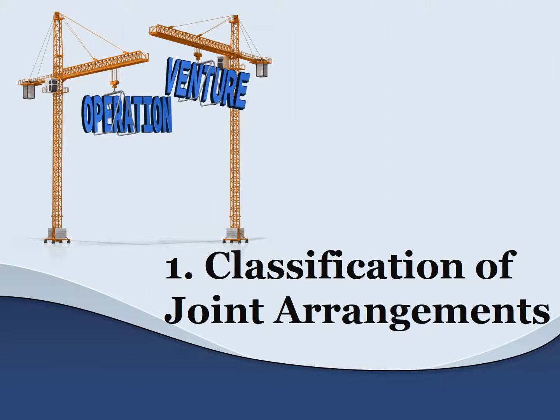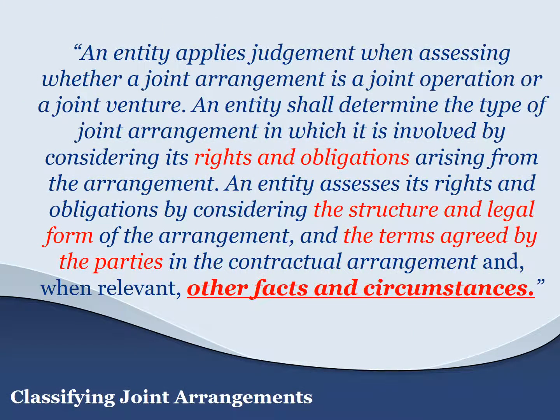The first one we'll look at is the classification of joint arrangements. At the core of this is this extract that we've pulled from IFRS 11, and it says, an entity applies judgment when assessing whether a joint arrangement is a joint operation or a joint venture.